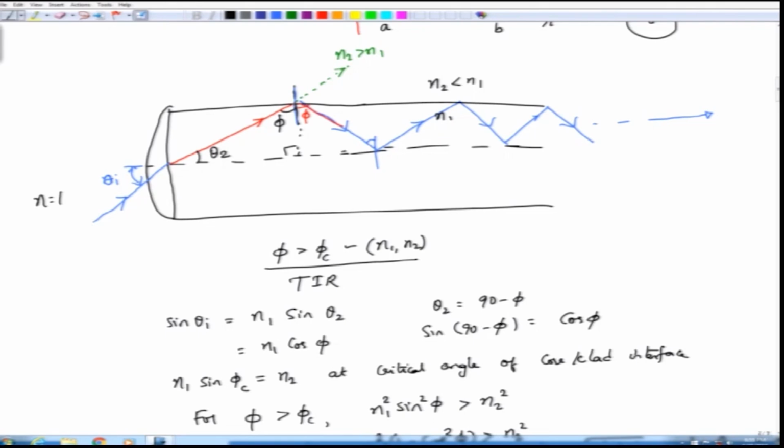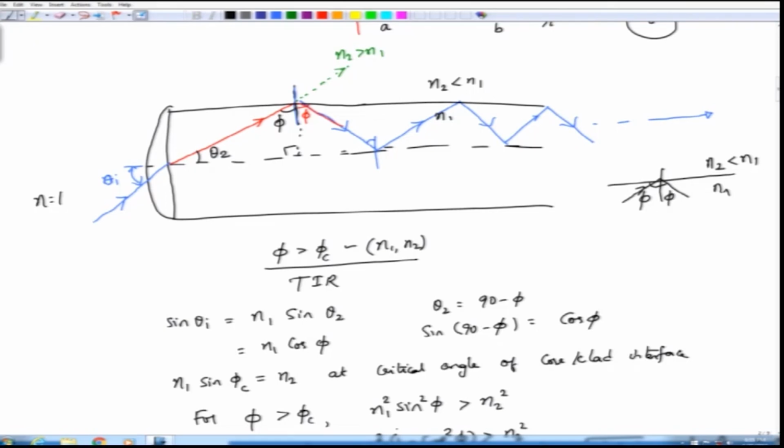Once your angle of incidence is larger than phi c, then at those angles the ray will be reflected back. At which angle will the ray be reflected back? This is something that sometimes students get confused about. If you take a simple interface of refractive index n1 here and n2 which is less than n1, and you send in light at an angle of phi, even without total internal reflection there is always a reflection happening at the same angle phi.